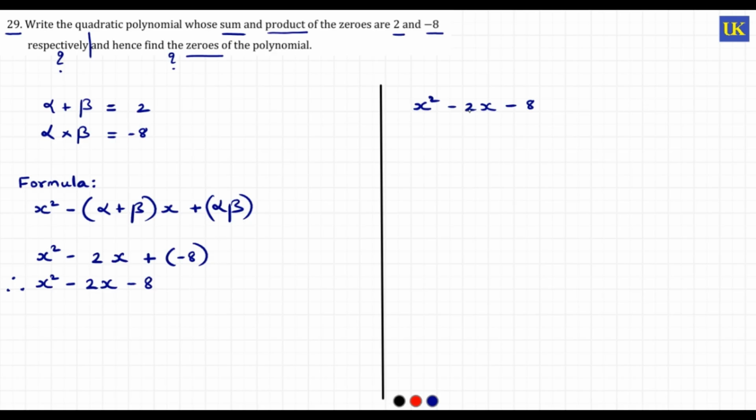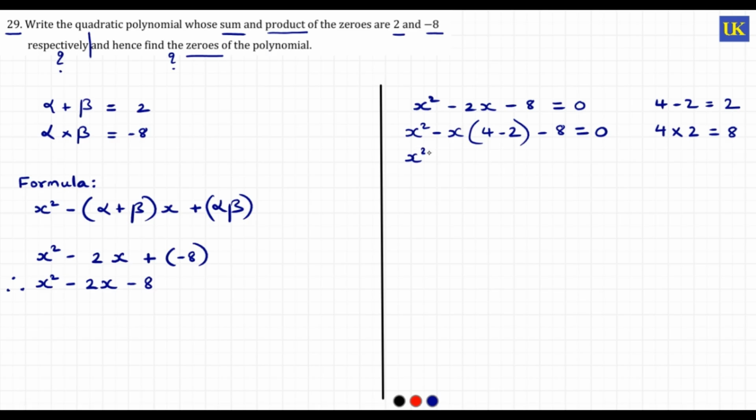So here we need two numbers to split this 2. So we can use 4 minus 2, which will give us 2, and 4 into the same 2 will give us 8. Okay, alright. So x square, instead of 2x, we will write 4x minus 2x, minus 8 is equal to 0.